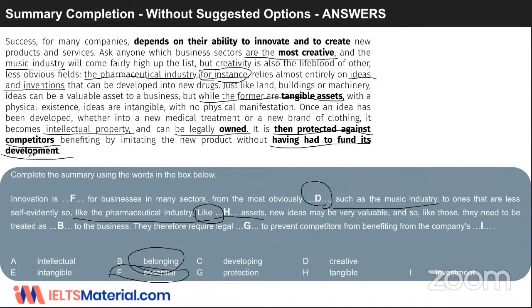Then, protected against competitors, and that is why they need legal protection to prevent competitors from benefiting from the company's investment. Clear? This is the way you need to take the synonymous words which you have exactly in the passage or the paragraph. Is it clear or not? I want the answers, yes or no. If it is no, then I'll make sure that I explain again.